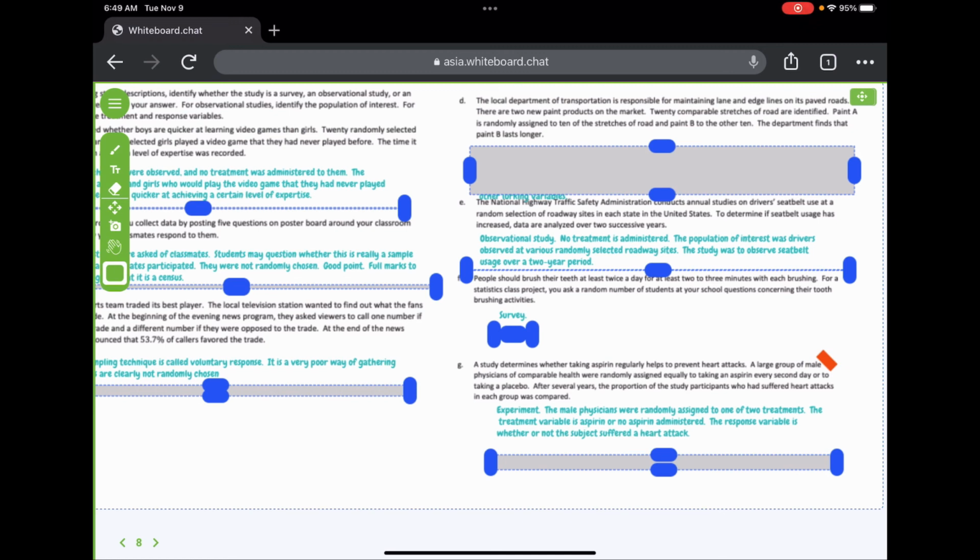You can't say that the aspirin helped with heart attacks or did not help with heart attacks. You have to say the aspirin helped reduce the chances of a heart attack in male physicians. Okay, you can't just use a broad overview.